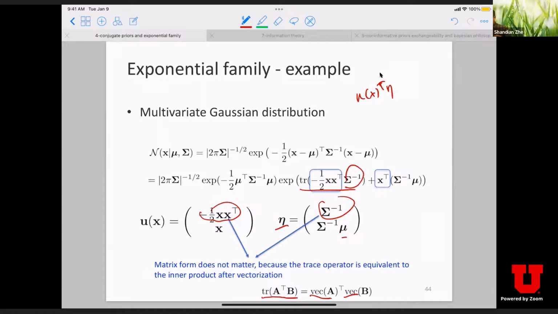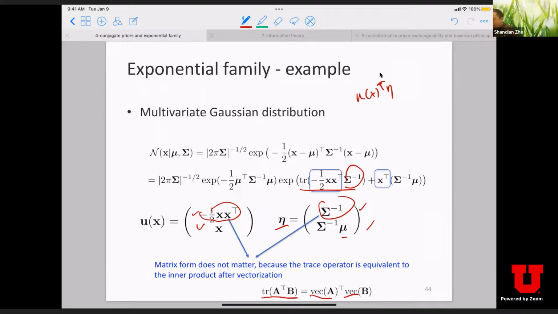So essentially they're equivalent to transforming X into these two terms and then vectorizing them. The dot product of the vectorization of the eta here is the same thing. Does it make sense? Any question?